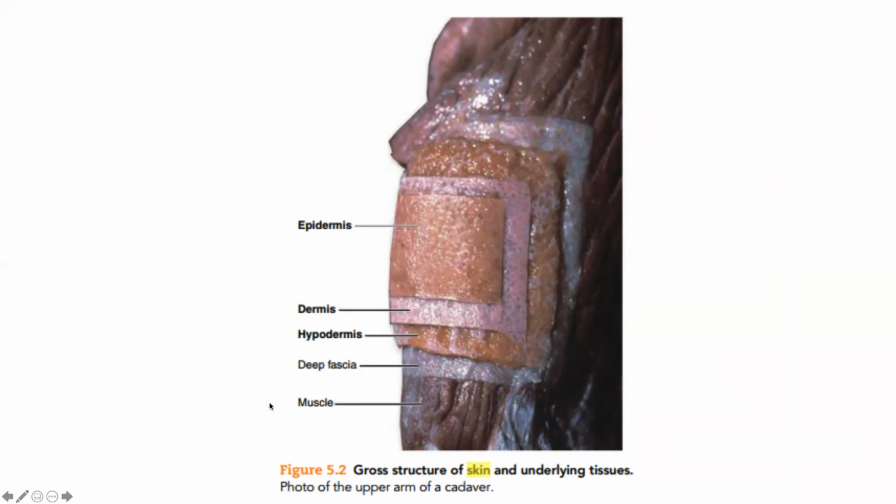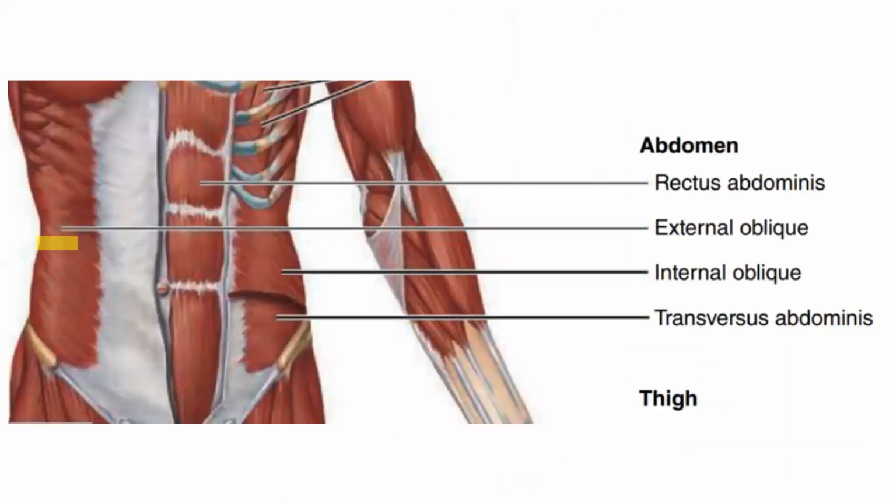But if we are putting the skin incision on the anterior abdominal wall, we will have to go through different layers. Number one is the skin, which is made of epidermis and dermis. Depending on what type of incision you are using and which part of the abdomen you are making the incision on, you will be going through these muscle planes.